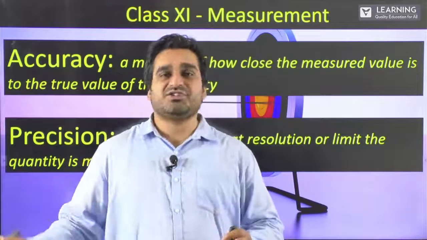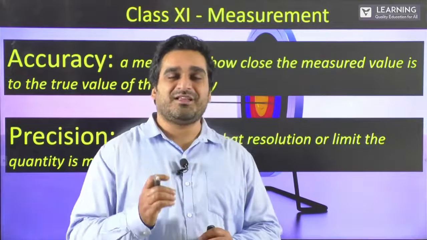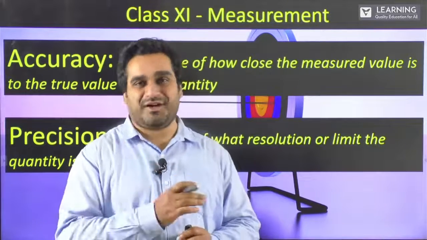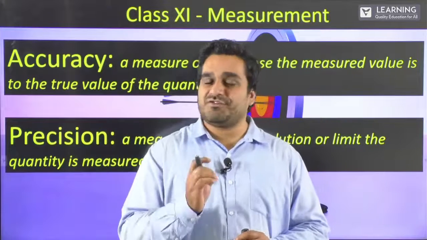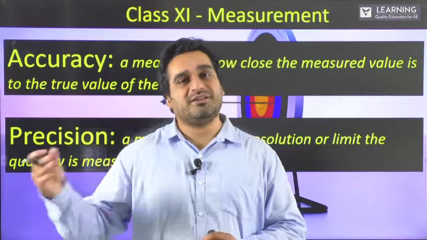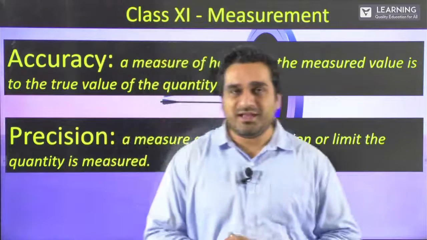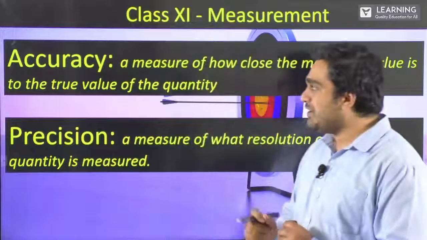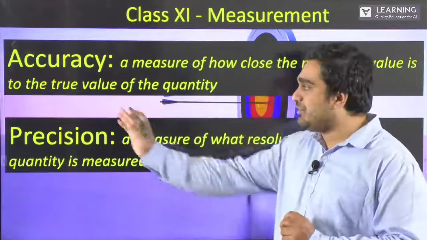Among these three measurements, which one is closest to the true value? That's right, 10.5. This shows that the first measurement is very accurate compared to the other successive measurements. So this is where accuracy comes into the picture, as to how close the given measurement is to the true value.